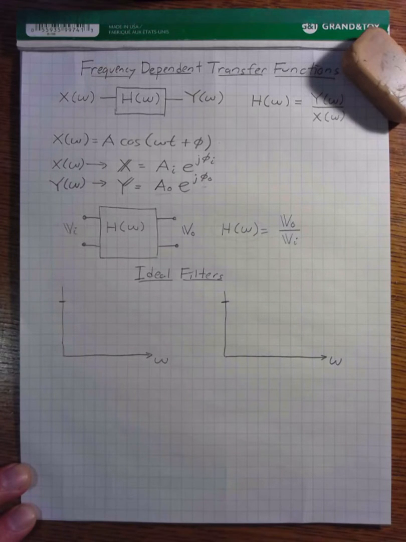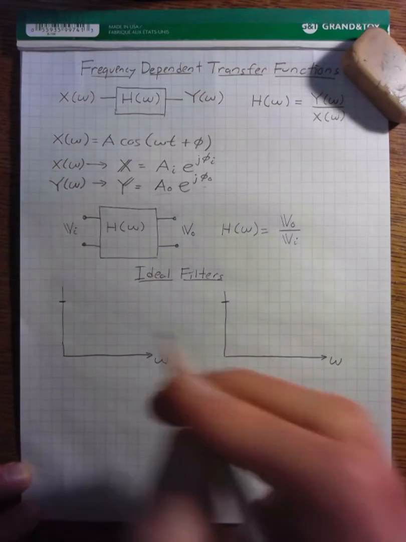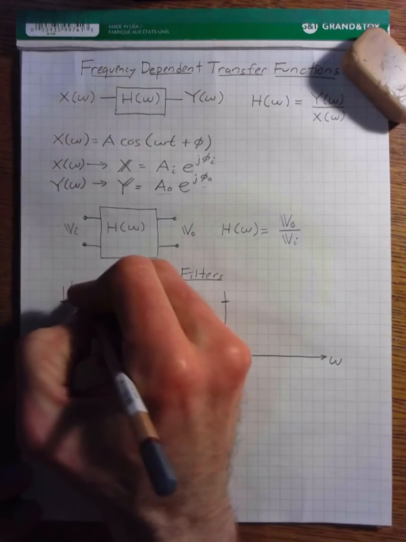And there's a few different kinds of ideal filters, and the reason why I'm calling them ideal filters is I'm going to show you a transfer function response that is extremely sharp. In reality, we cannot construct signals that have this kind of very sharp transfer function, but it's a useful way to introduce the concept. So let's start out with a low-pass filter.